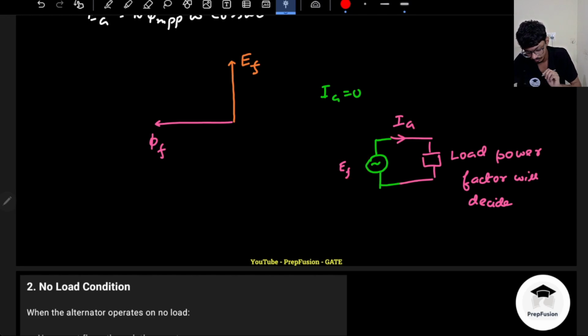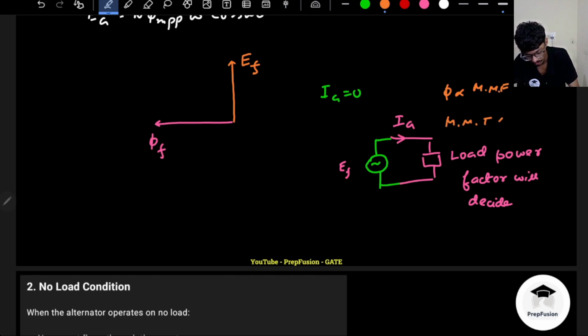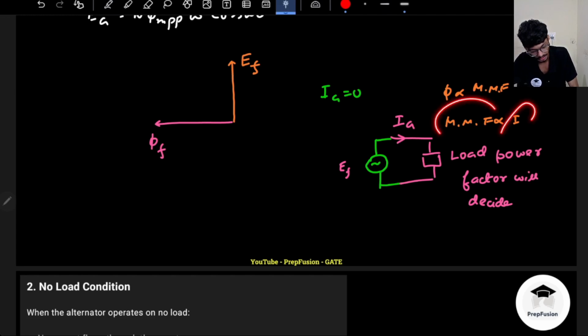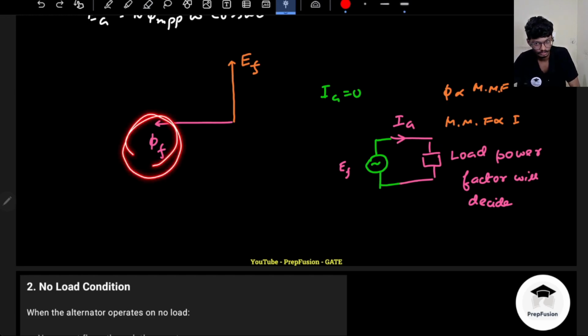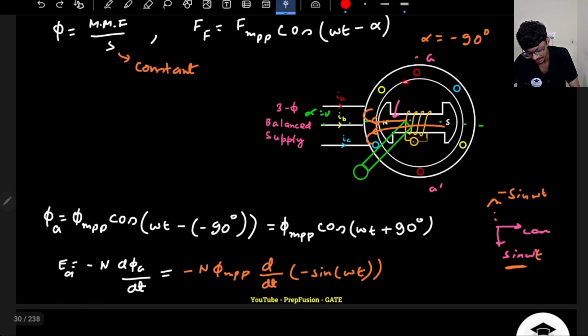One more thing, we know that the flux is directly proportional to MMF, and MMF is directly proportional to current because it is N into I. So whenever there is current, there will be MMF, and if there is MMF, there will be flux. That flux will interact with the field flux, and that will change the resultant air gap MMF.